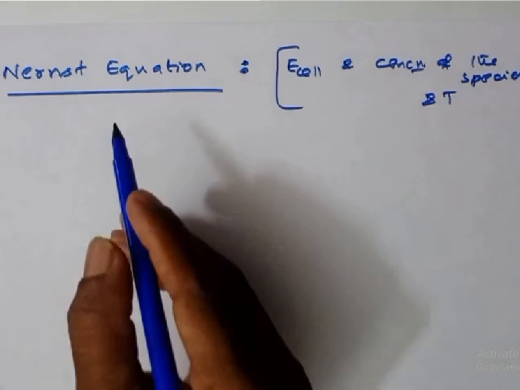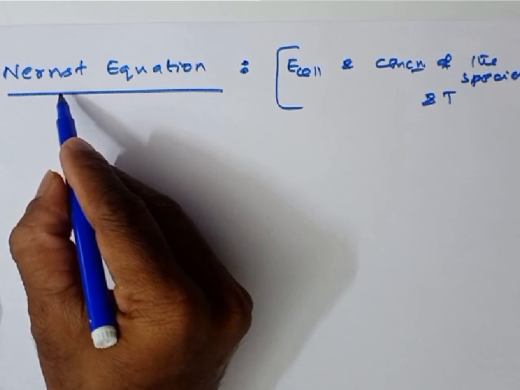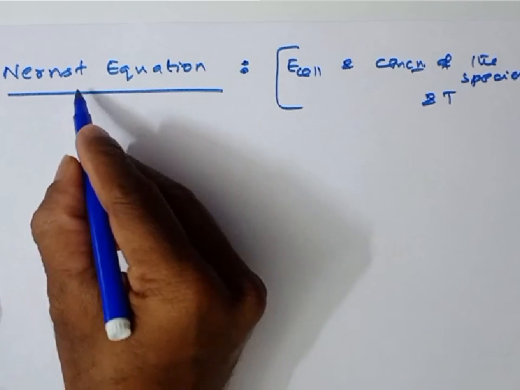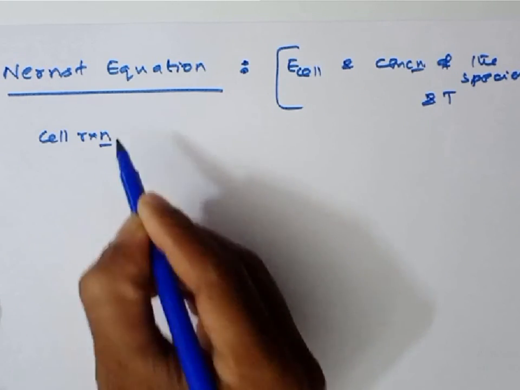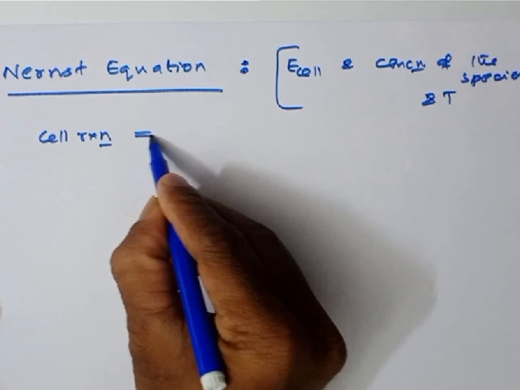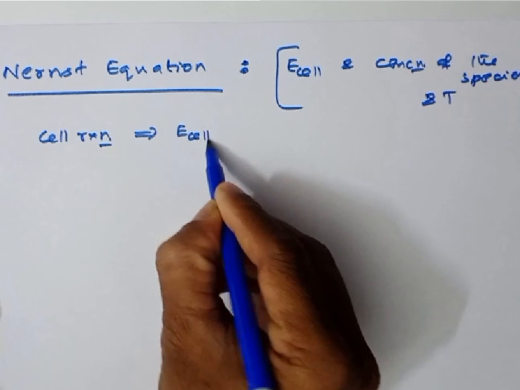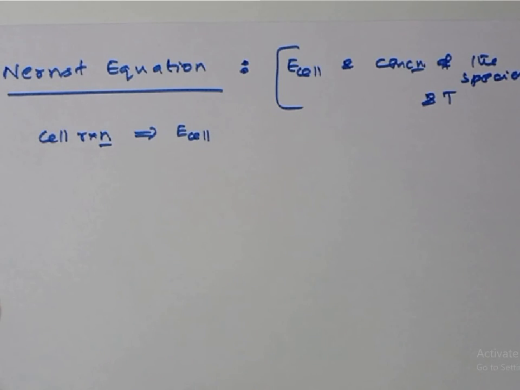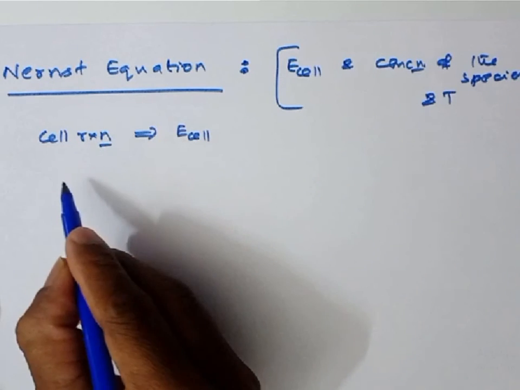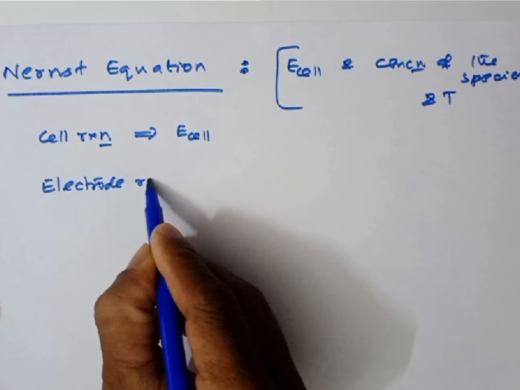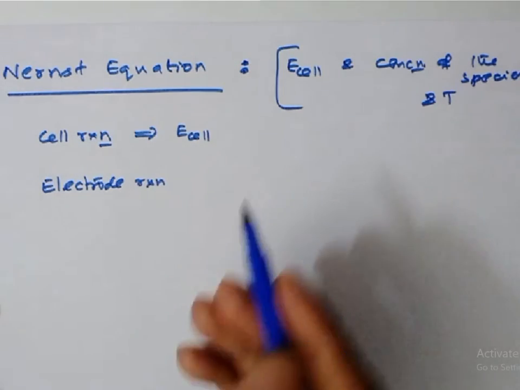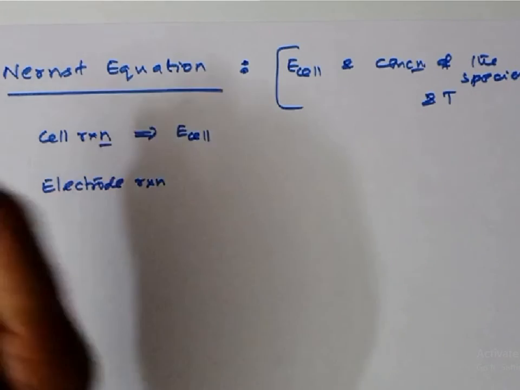Listen student, if you apply Nernst equation to a cell reaction, you will get the expression for cell potential. If you apply Nernst equation for a particular electrode reaction, you know very well, at anode oxidation reaction takes place, at cathode reduction reaction takes place.